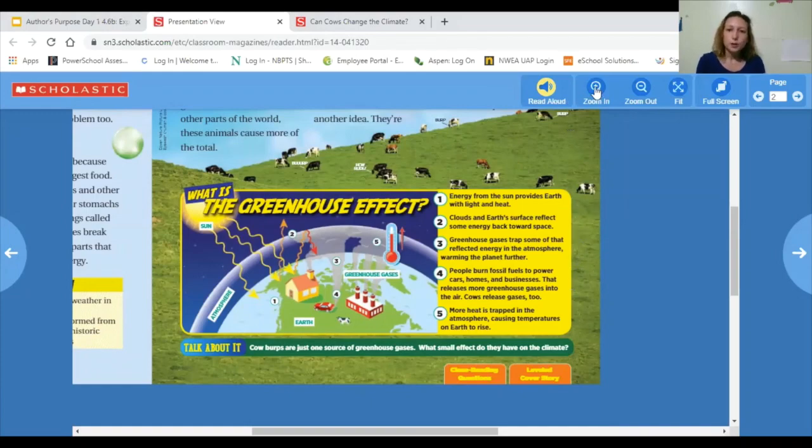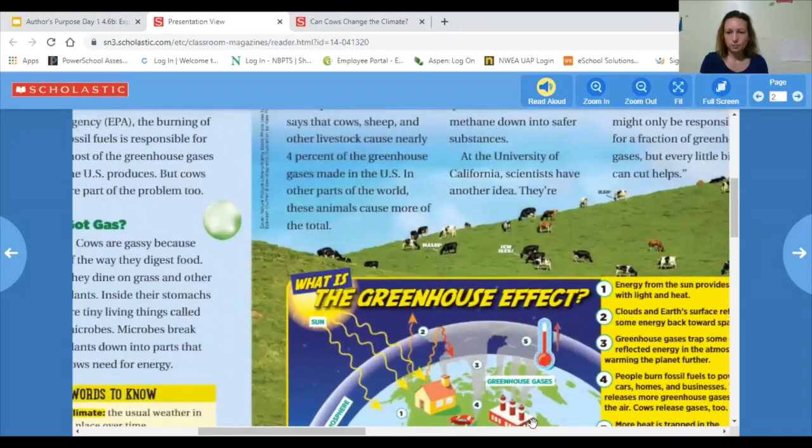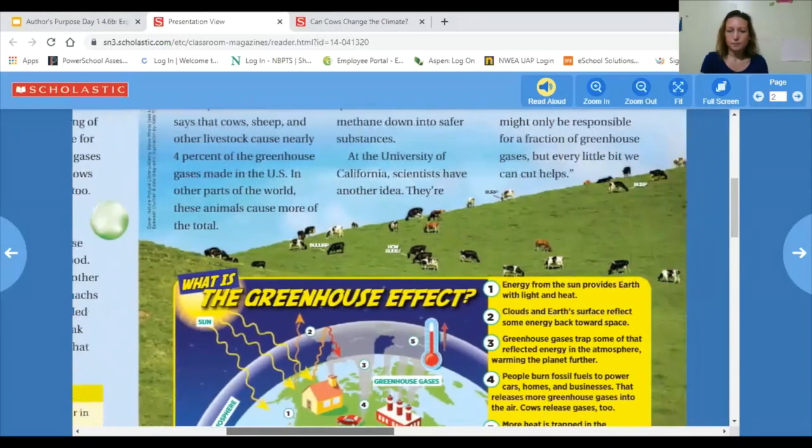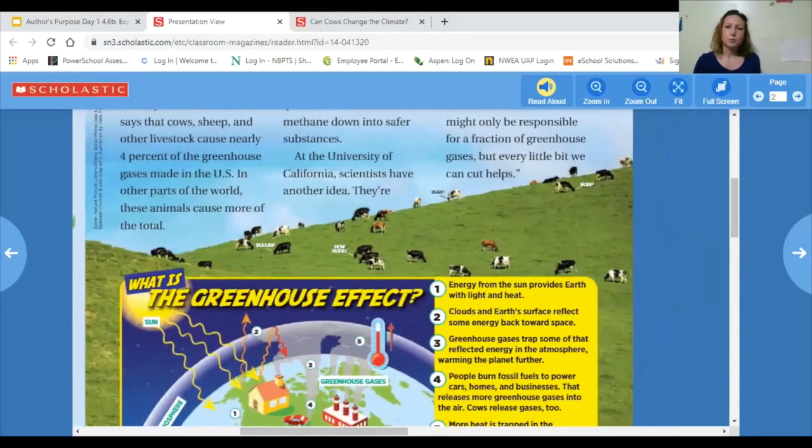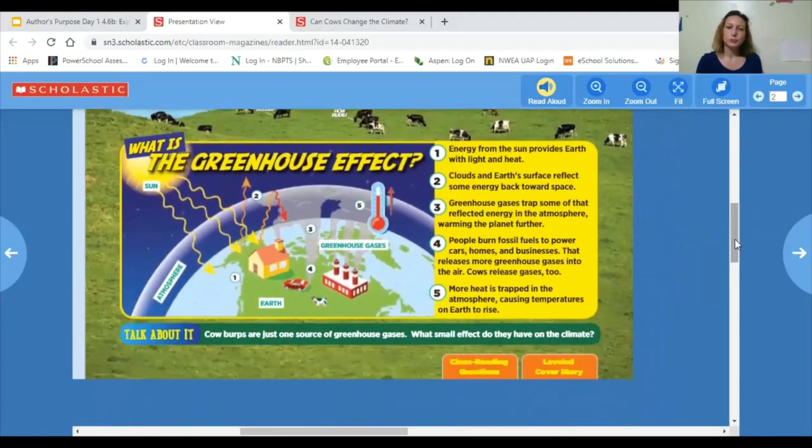Four, people burn fossil fuels to power homes, cars, and businesses. That releases more greenhouse gases into the air. Cows release gases too. And number five, more heat is trapped in the atmosphere, causing temperatures on Earth to rise.